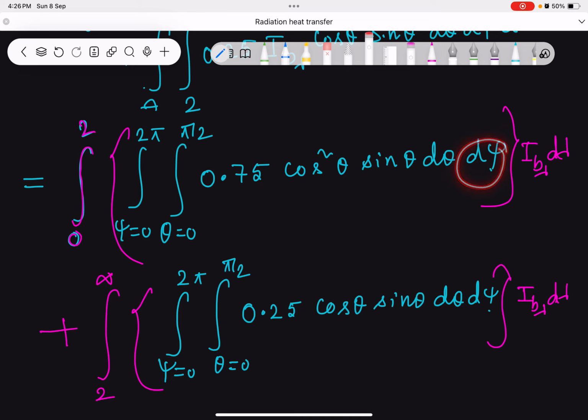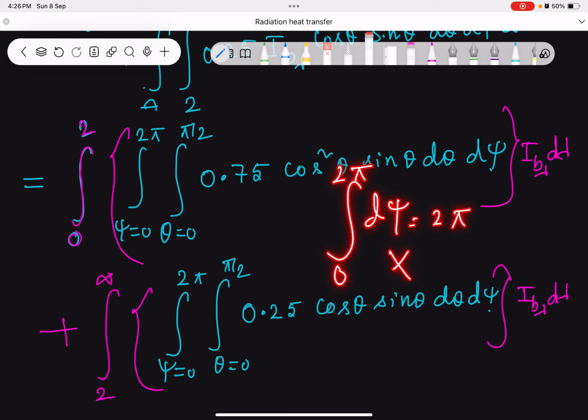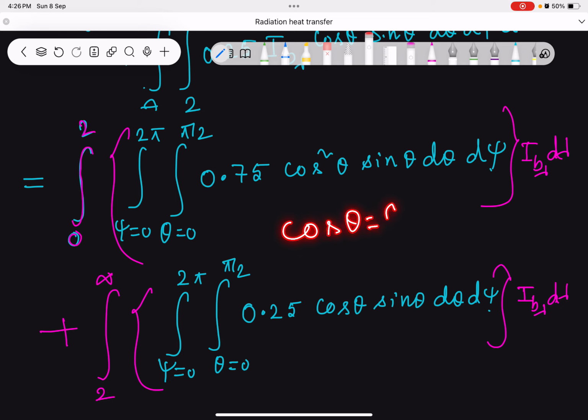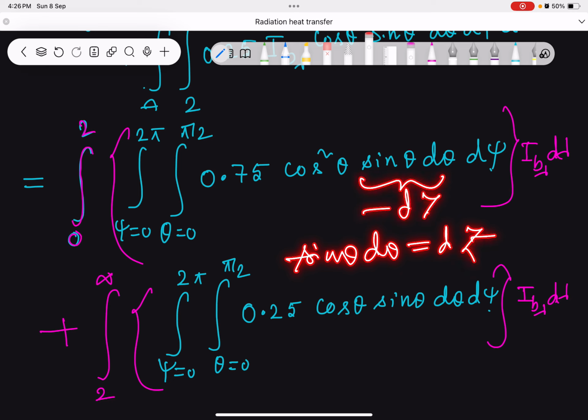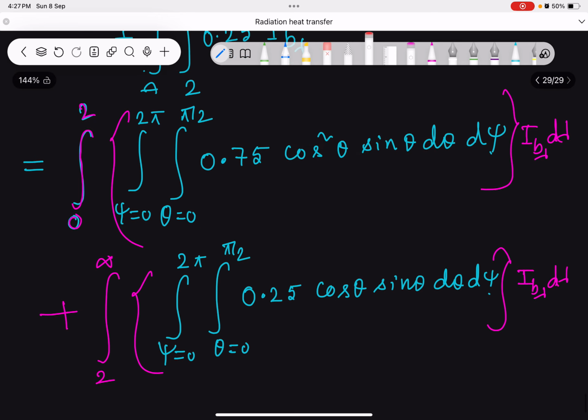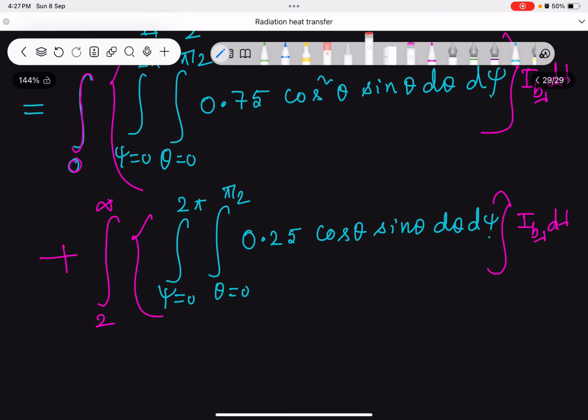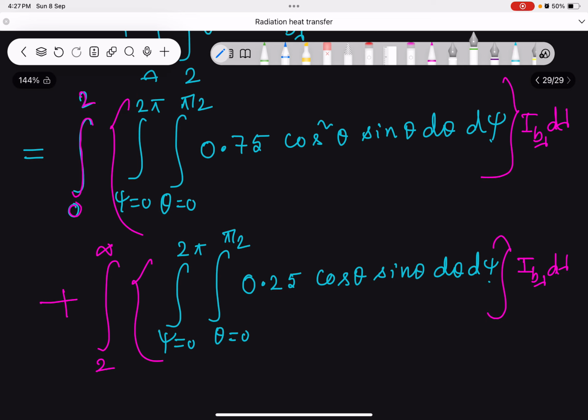For d psi, the integral from 0 to 2 pi of d psi is equal to 2 pi, with that you have the integral from 0 to pi by 2 of cos square theta sin theta d theta. Here you can take cos theta as z. If you differentiate both sides, minus sin theta d theta will be dz. So this becomes minus dz and this becomes z square. Then you can evaluate those integrals very easily, so I am not doing that.